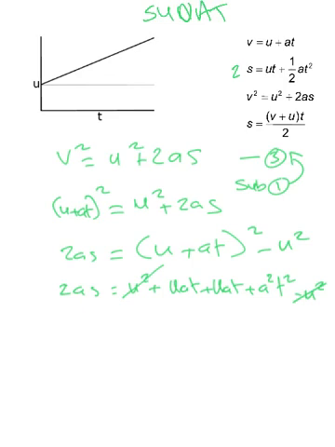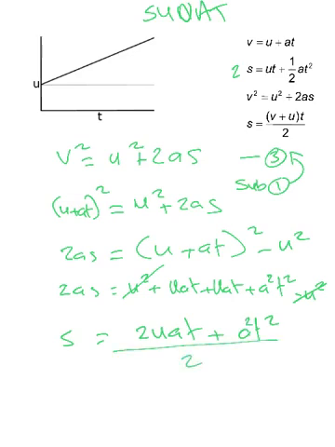Now all I need to do is get rid of the 2a, because we want to get it into terms of s. So I'm just going to bring the 2a under here and divide by 2a, which gives me s equals 2uat plus a squared t squared all over 2a.